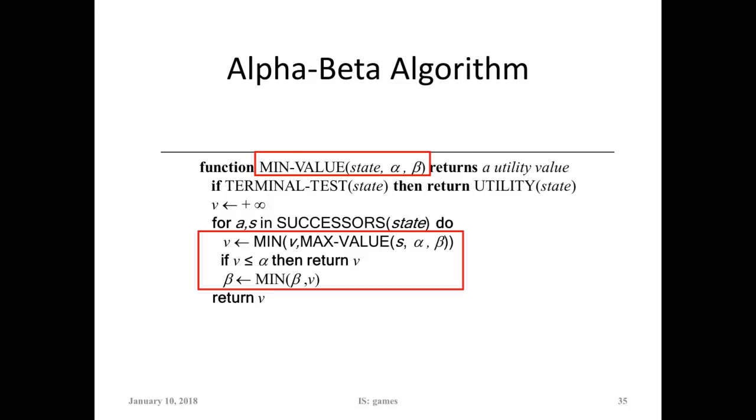And if we get to a position that is smaller than the interval, the left-hand side of the interval, then we can stop the search and we get out and we just return the value that we have calculated. And otherwise, we continue the loop. So that's all the algorithm does.